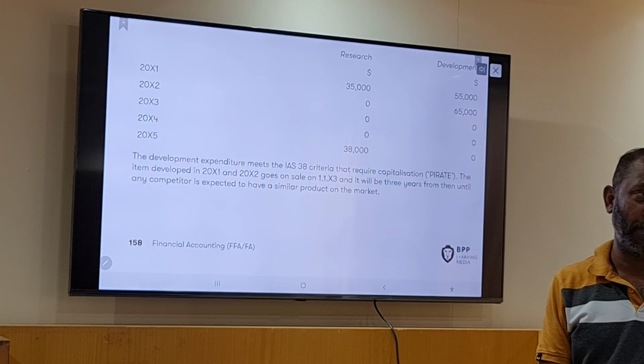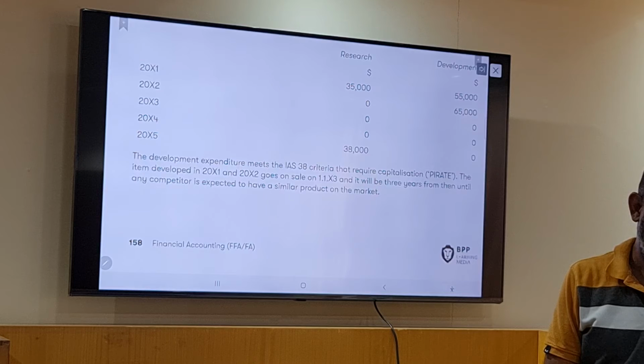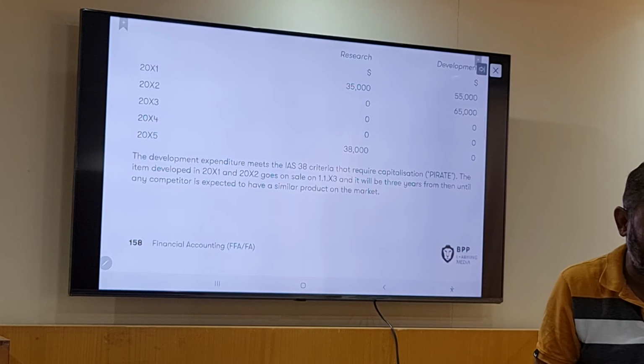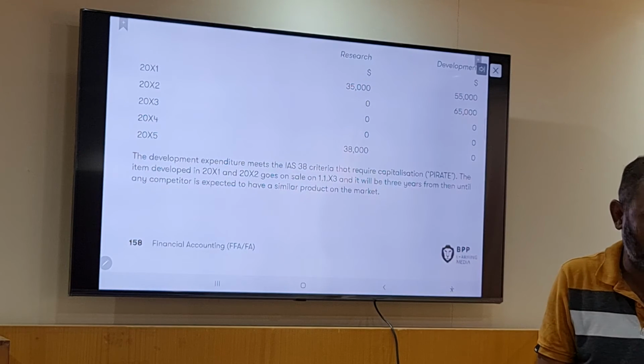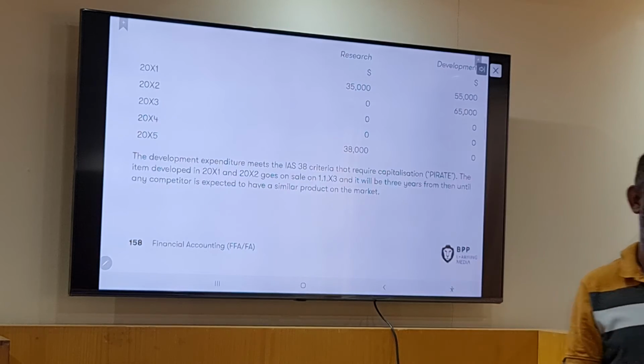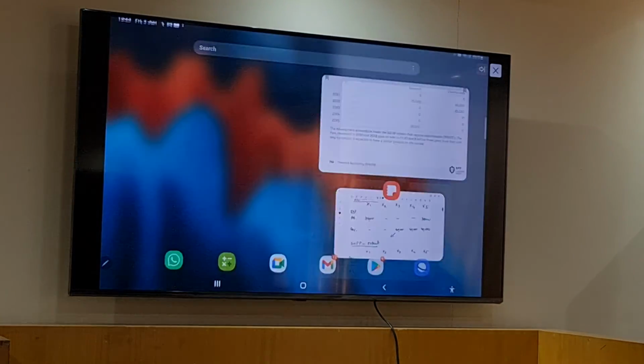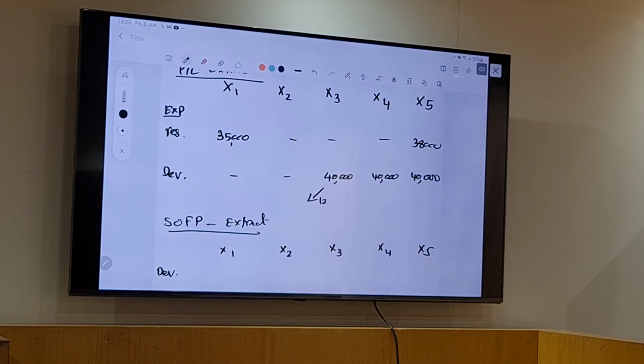So total development expenditure for you is 120, and that could be in my market for how many years? 3 years. So 1 year how much? 40.